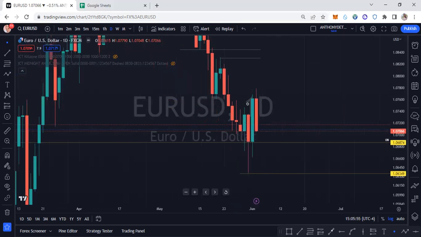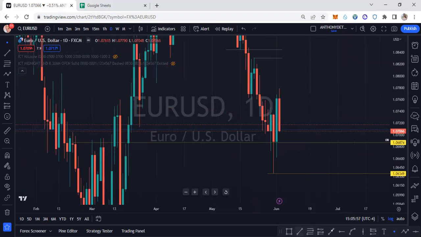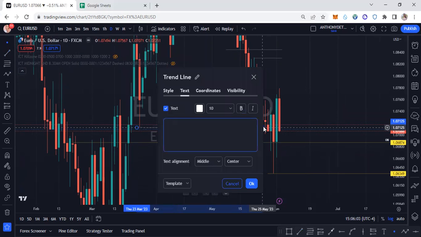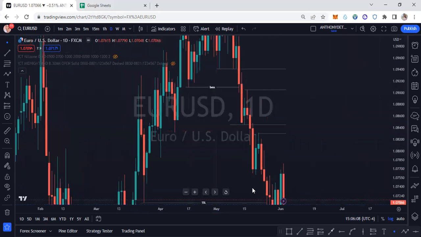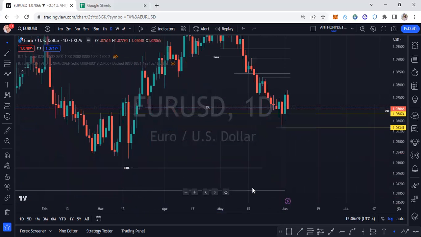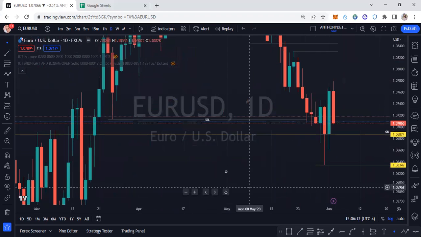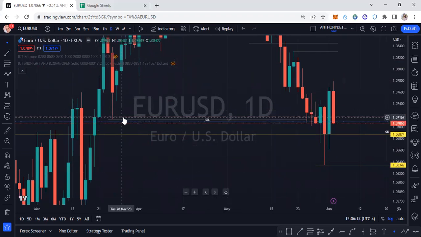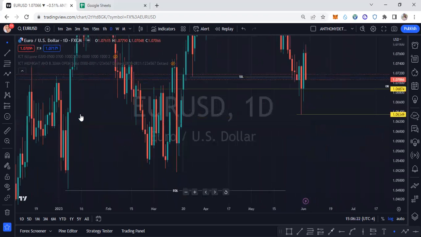On the daily time frame, we could actually see price took out this sell side liquidity. The up is buy side liquidity, as you can see here. So price took out this sell side liquidity, traded into this FVG here, then traded into the weekly order block, which is also your daily order block here.